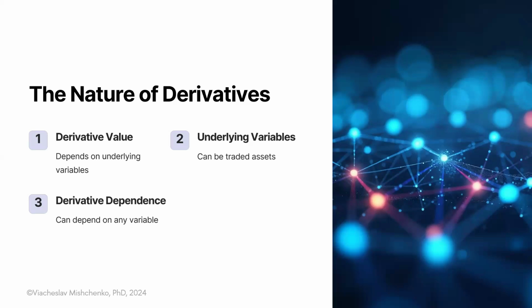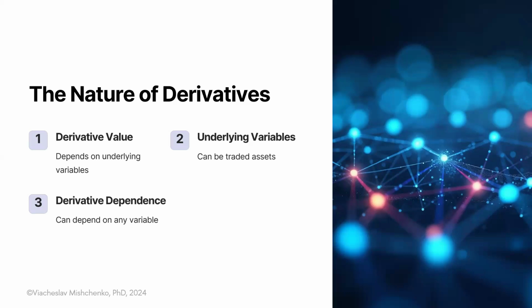To give you a real-world example, derivatives are used by energy companies to hedge against unexpected temperature changes that could affect, for example, energy demand. The underlying variable here isn't a traded asset, but rather temperature readings.